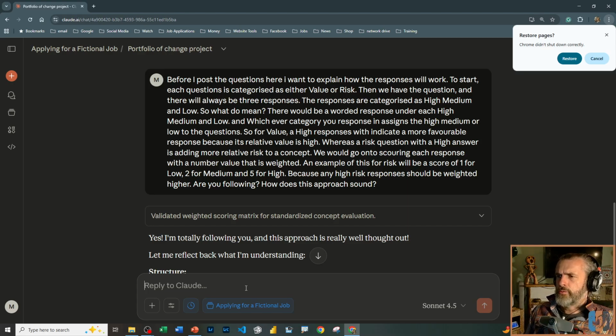For value, a high response indicates a more favourable response because its relative value is high, whereas risk, with a high answer, is adding more relative risk to the concept. We would go on to score each response with a number value that is weighted. An example for risk will be a score of 1 for low, 2 for medium, and 5 for high, because any high risk responses should be weighted higher.